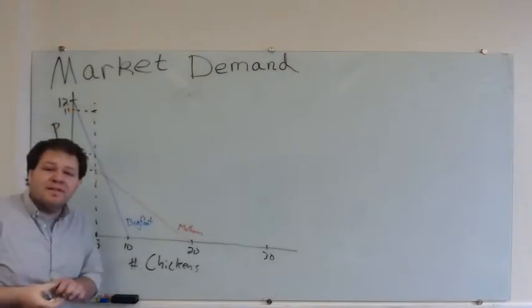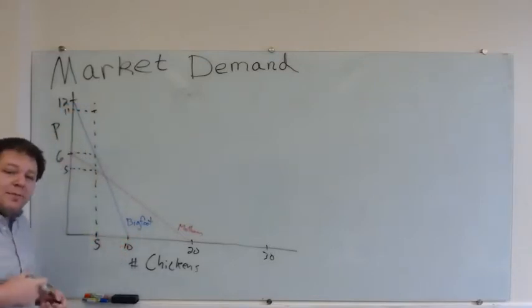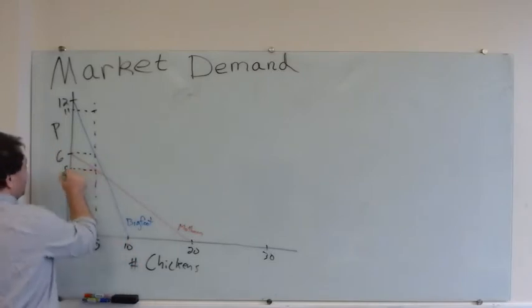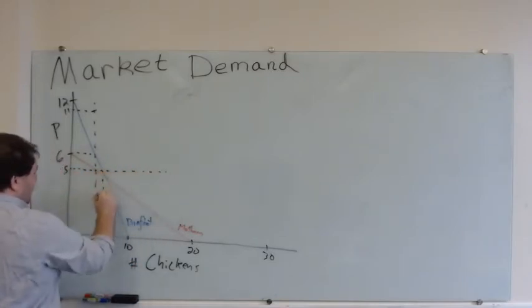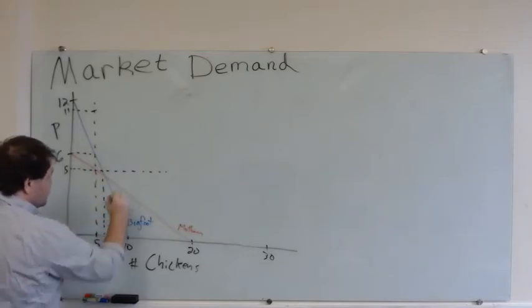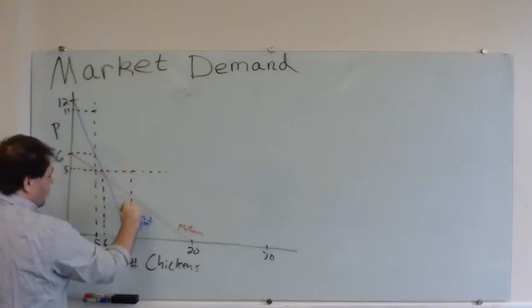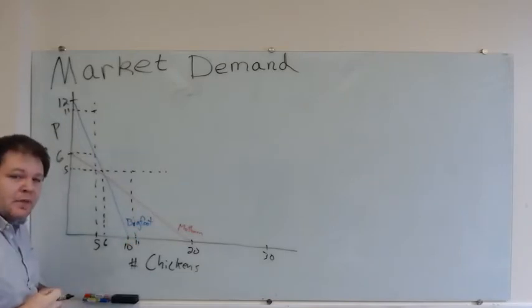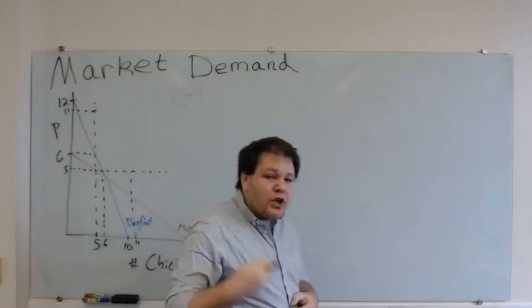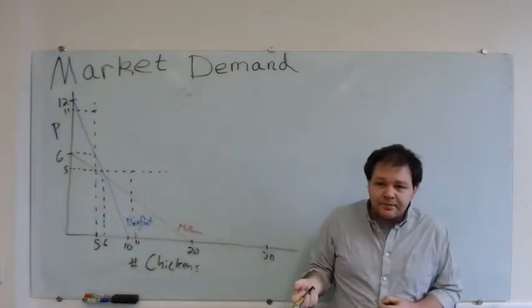That would be summing up vertically. If we summed up horizontally, we would say something like, okay, at a price of 5, Mothman's willing to buy 5 chickens and Bigfoot's willing to buy 6 chickens, so we should have a total demand of, say, 11 chickens. So think for a second about which of these two approaches makes sense.